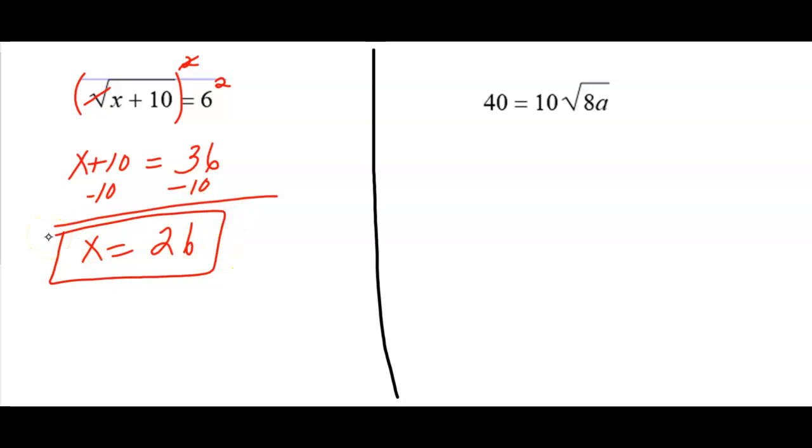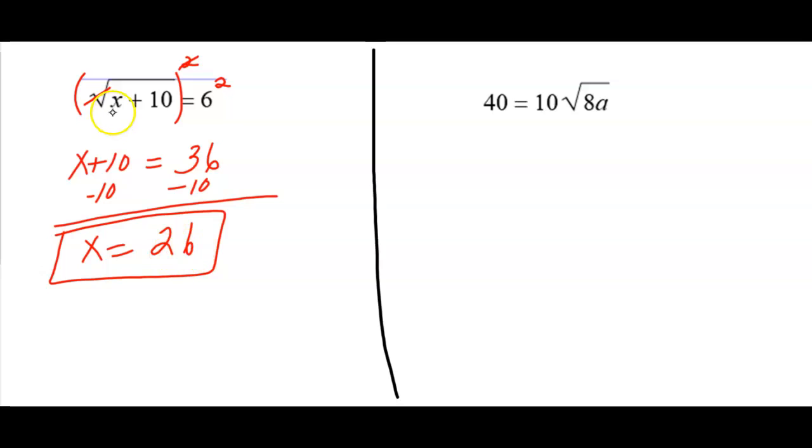Whenever you're solving radical equations, they always put in the directions to make sure you check for extraneous solutions. What that means is sometimes when you square both sides of an equation, if this side over here has a variable with it, then that might create an answer that doesn't necessarily work. So you can just do a quick check here.